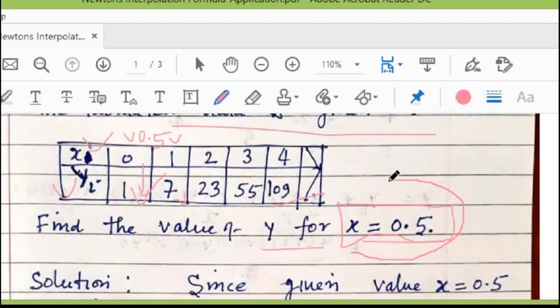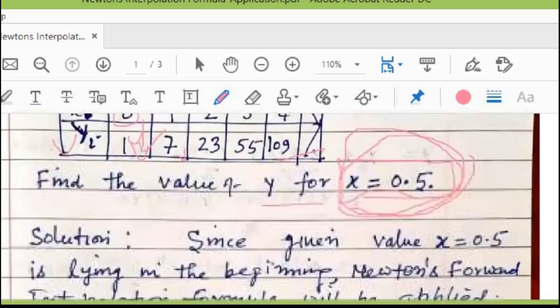Whatever we have read, the estimable value must be near the initial value. This is the initial value of the argument, and this is the initial value of the function. 0.5 is near to this beginning value. So from that point of view, it is okay.